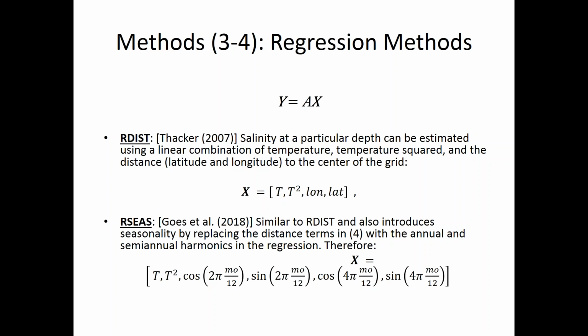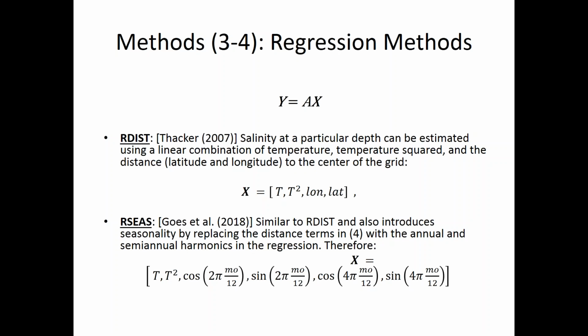And the RSEAS is the method we tested during this work, where instead of latitude and longitude in RDIST, we replaced them by the first 2 harmonics, the annual and semi-annual harmonics. So the S is for seasonality.